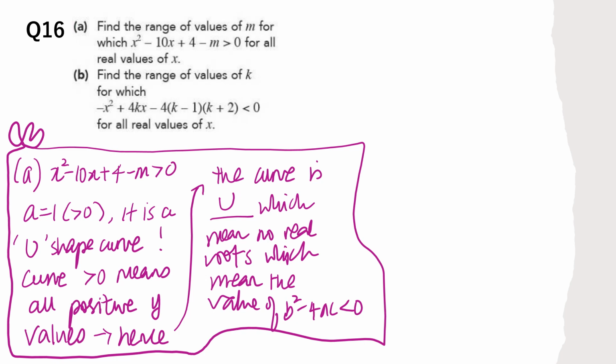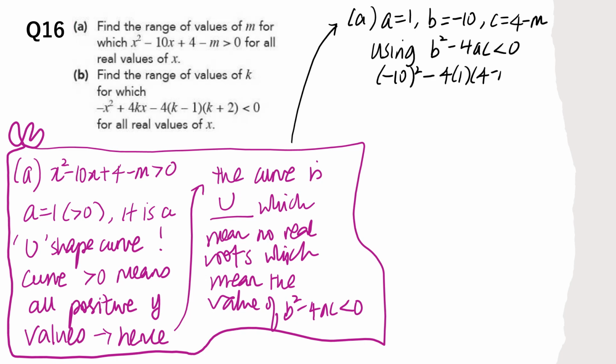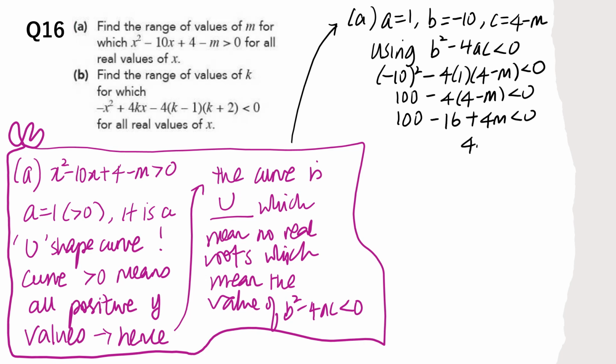And if it's said that the curve is more than 0, it means your y values are all positive, means the curve is entirely above the x-axis, means no real roots, means the value of b squared minus 4ac is less than 0. So this is exactly what we're going to do. And you get m less than negative 21.